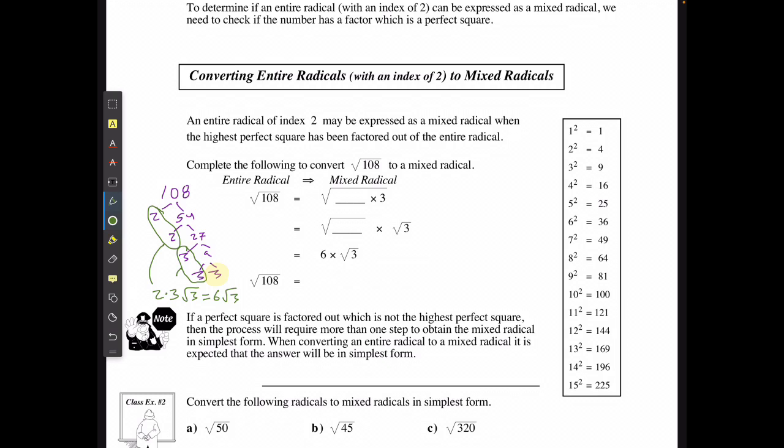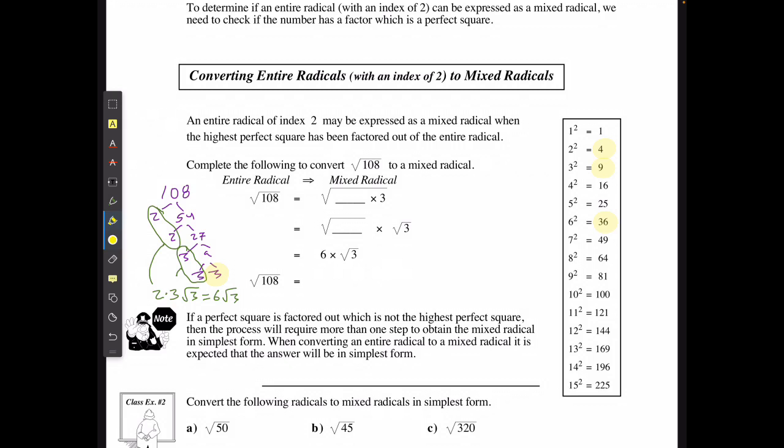If you want to just say what is the biggest perfect square I can divide out of here, then mostly it's about memorizing what the perfect squares are, and that method works fine too. For 108, I can divide that by 4, I can divide it by 9, or I can divide it by 36.